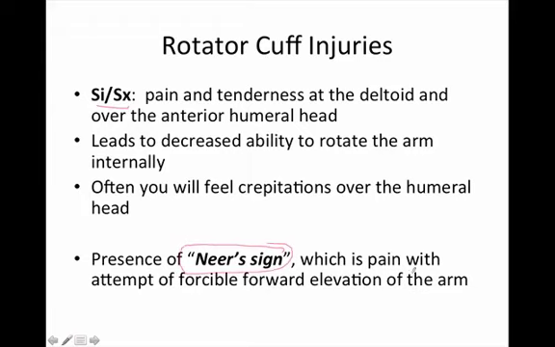That's pain with the attempt of forcible forward flexion of the arm. So people who lift weights, people who play sports, people who do anything that's physical are going to notice the pain when they have a rotator cuff injury, because you can almost never do something physical without using these muscles.